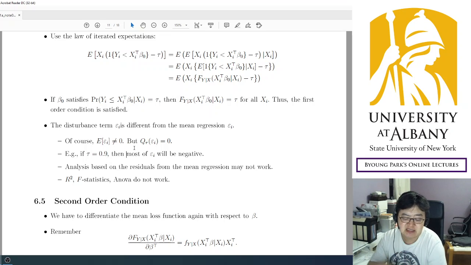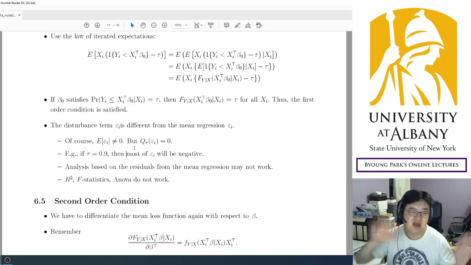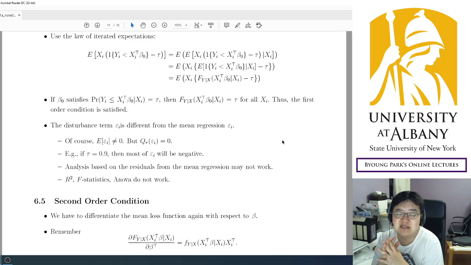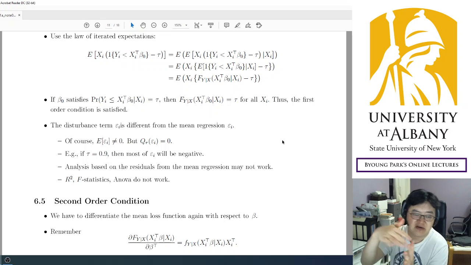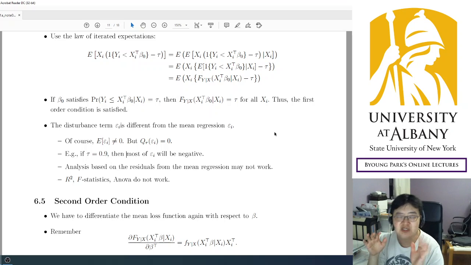But then you may ask, can we make the quantile equal to 0 for every variable? That is not possible because the quantile operator is not linear. Because of the properties we discussed earlier, the demeaned variable approach does not work here.